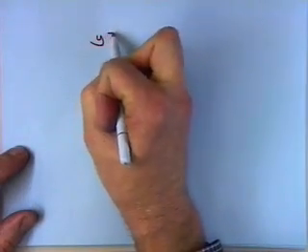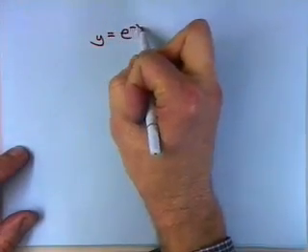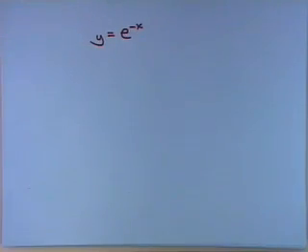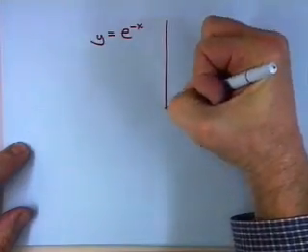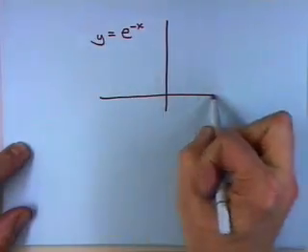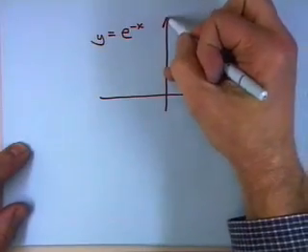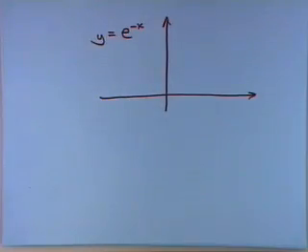Let's look at, I guess we ought to look at this one first. E to the negative x, and then we'll take half of those values. How is e to the negative x related to e to the x? Flipping the y-axis. Okay, right? We're going to just take the symmetric image on the other side of the y-axis, right?